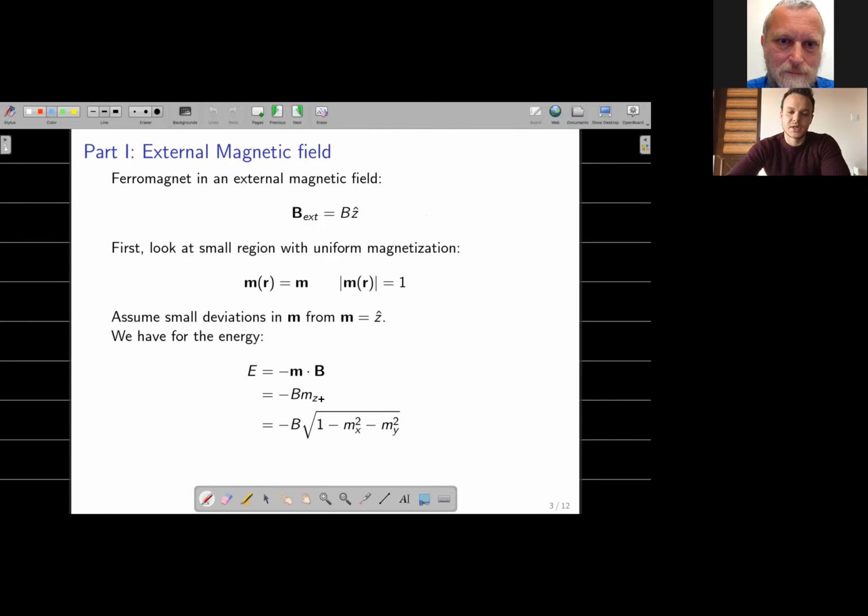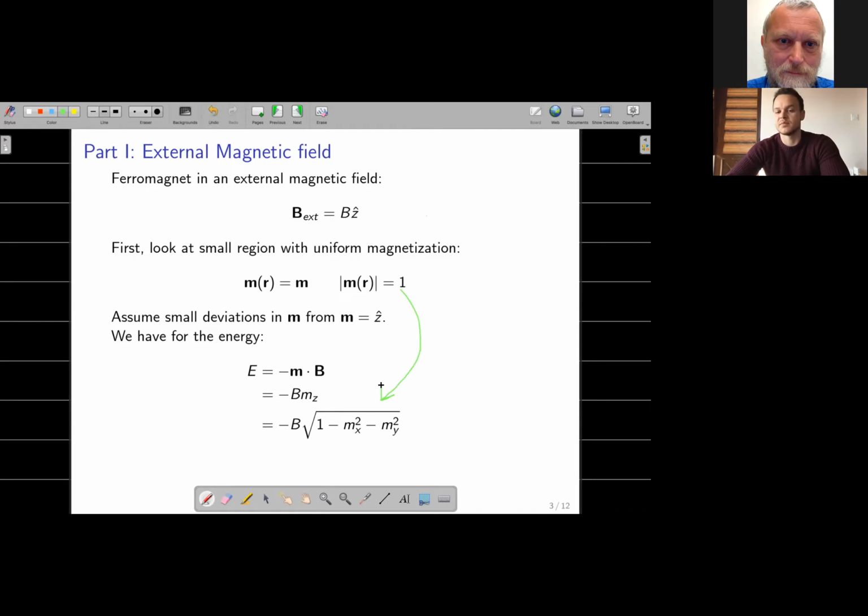Now, later we'll assume small deviations from this z direction, so we immediately write the energy in the following form. So we have the square root of 1 minus mx squared minus my squared, and this comes from the normalization.